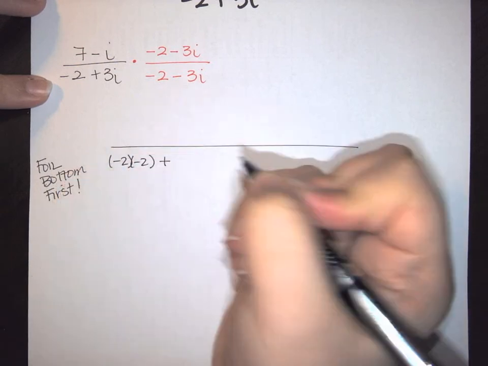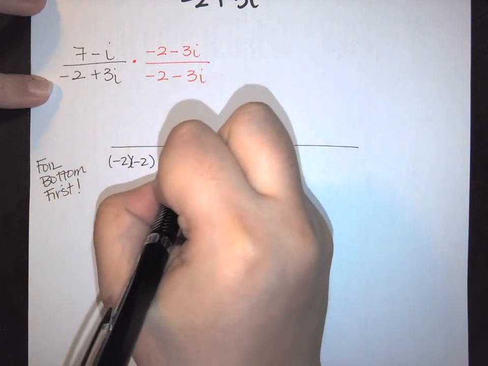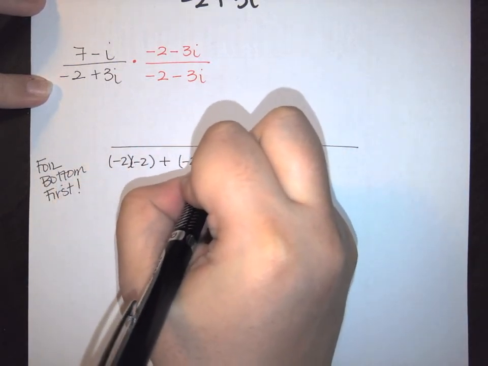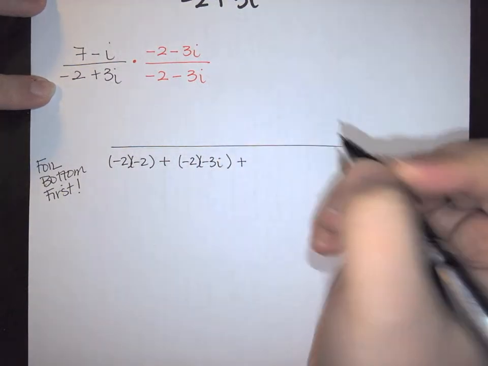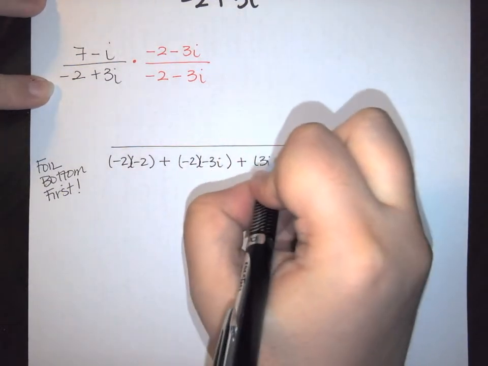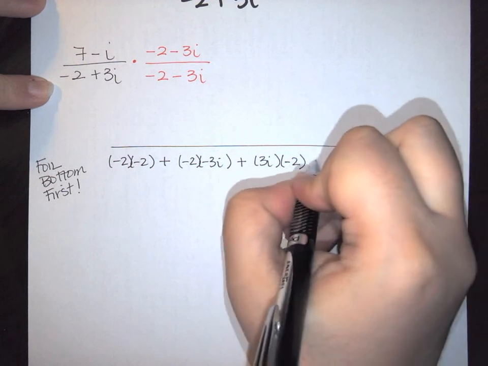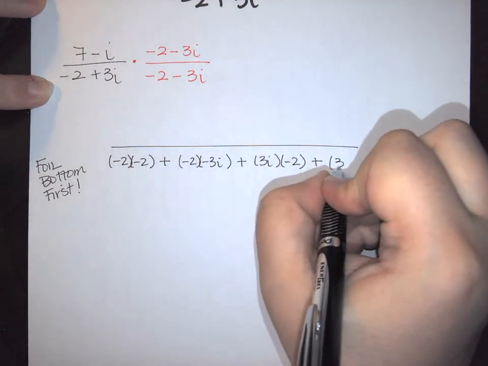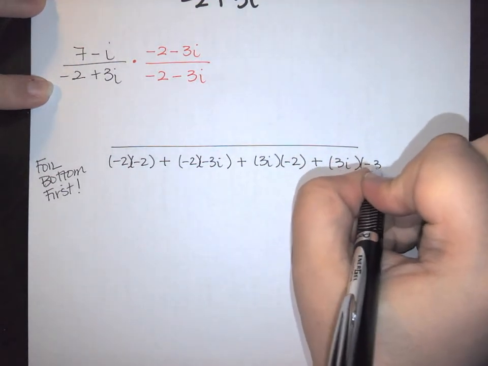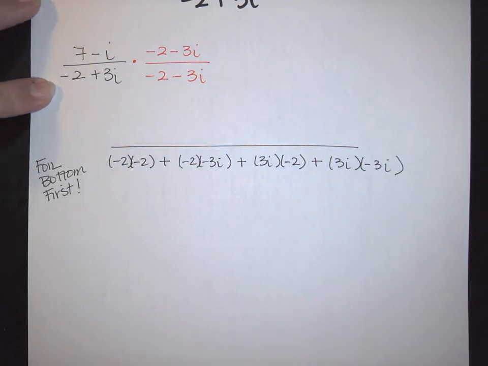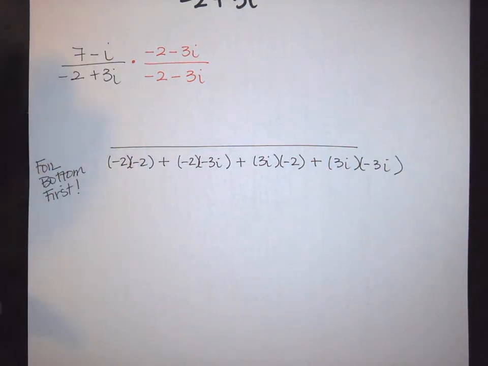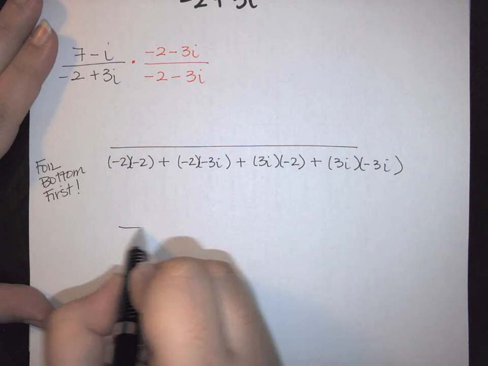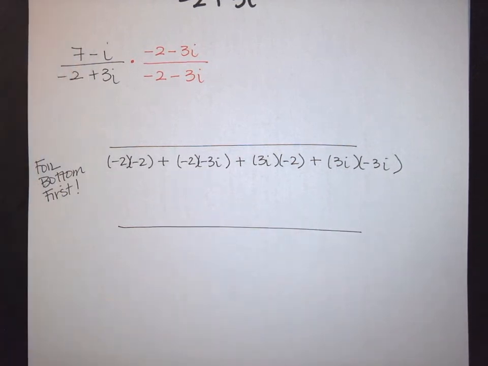I'm going to add it to my outer, negative 2 times a negative 3i. Add it to my inner, 3i times a negative 2. Add it to my last, 3i times a negative 3i. Now before I worry about doing the top, I'm going to simplify my bottom because I want to make sure that I did not actually make any mistakes here.